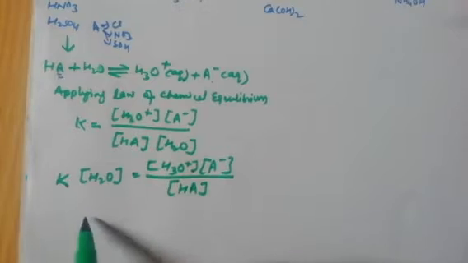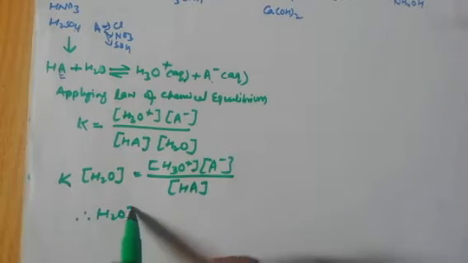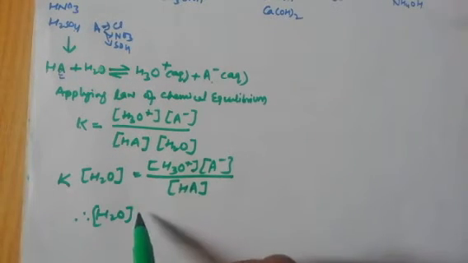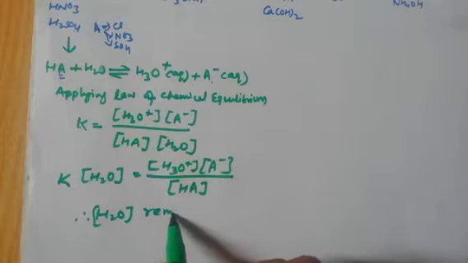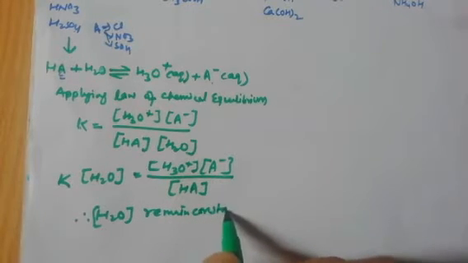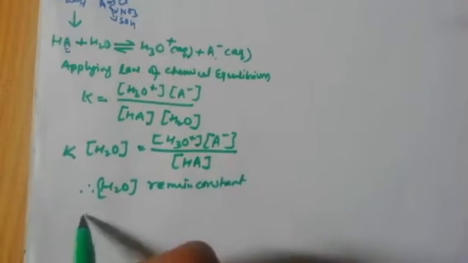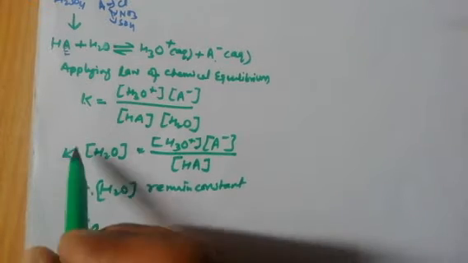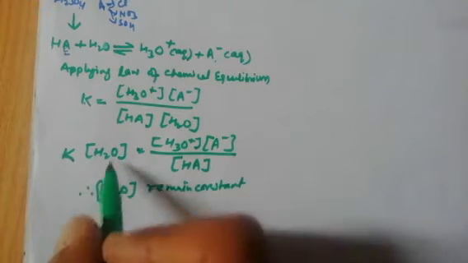Why did we take H2O as a constant? Because H2O remains constant throughout the reaction. This is called Ka. This K can be written as Ka in the case of an acid.